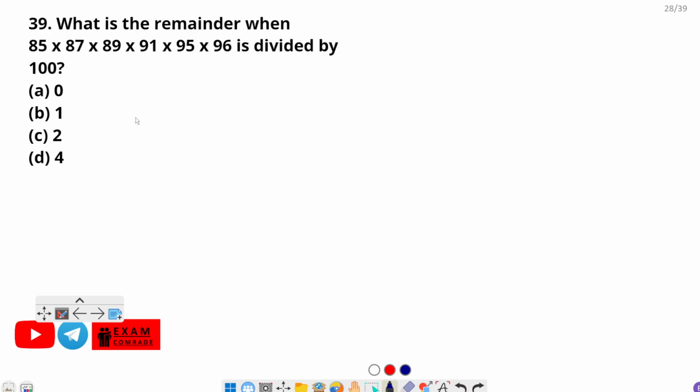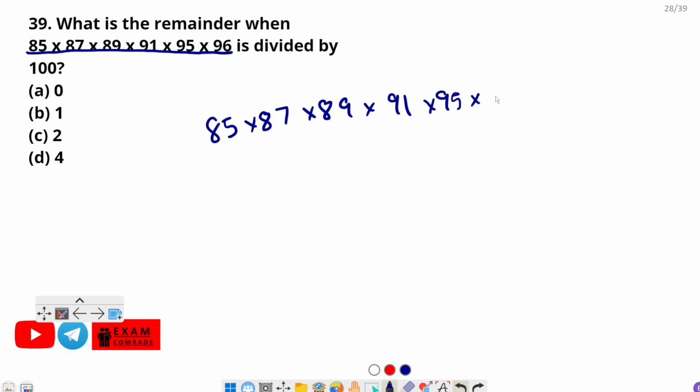Okay, I need to find the remainder when this term is divided by 100. Okay, we can see that by 100. So 100 can be written as 10 into 10. So we can find that there is one 5 here, one 5 here.